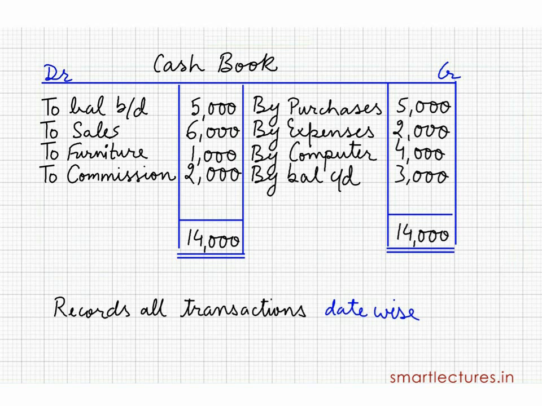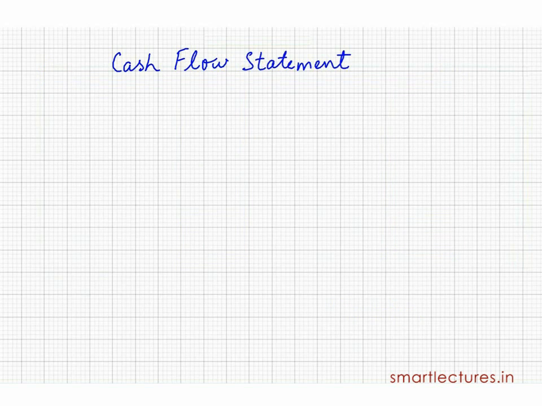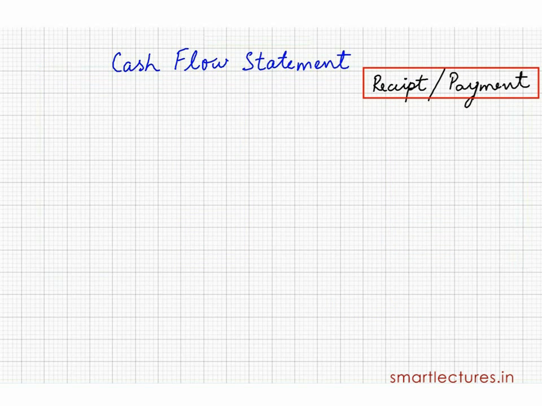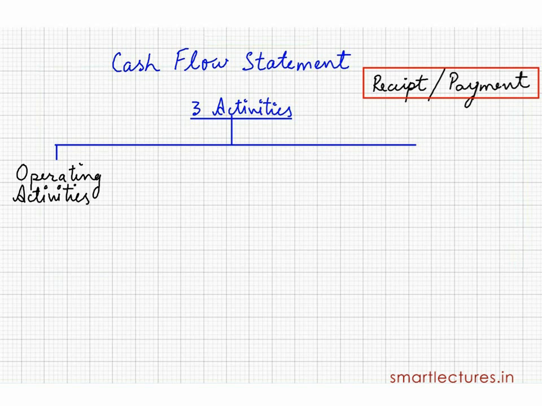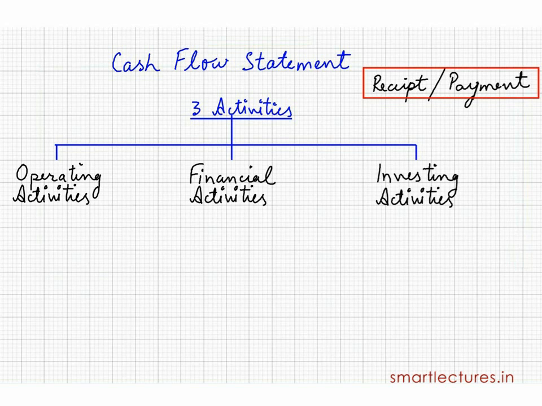But when you prepare the cash flow statement, all these receipts and all these payments will be grouped in 3 activities. And those 3 categories are operating activities, financial activities, and investing activities. So this is the only thing you have to do to prepare the cash flow statement.